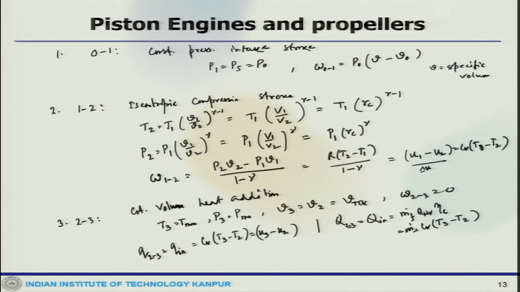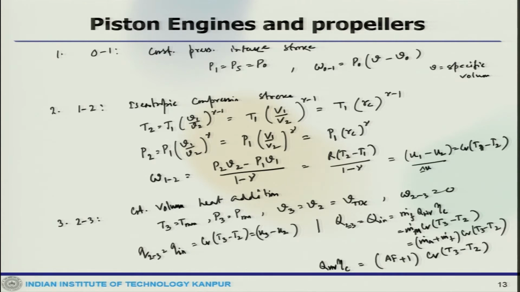Let us say m dot M, which is the mixture. So we can write m dot A plus m dot F into Cv (T3 minus T2). So the Q heating value times eta C would be (air fuel ratio plus 1), which is (1 plus F) Cv (T3 minus T2).